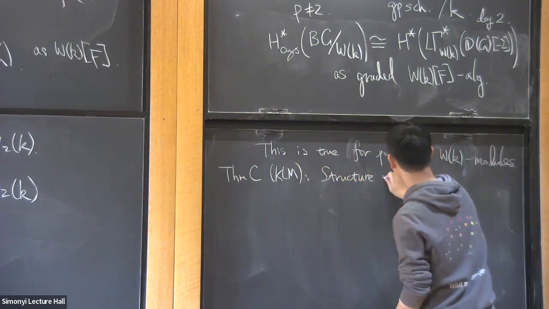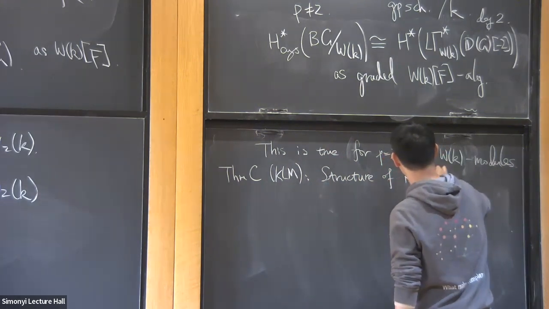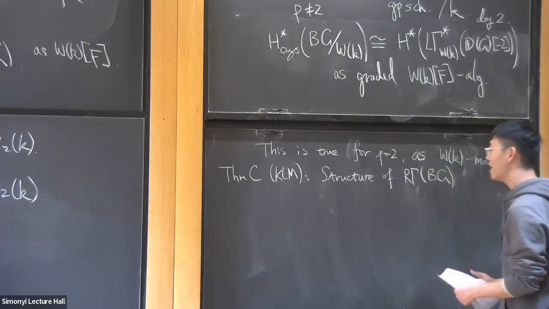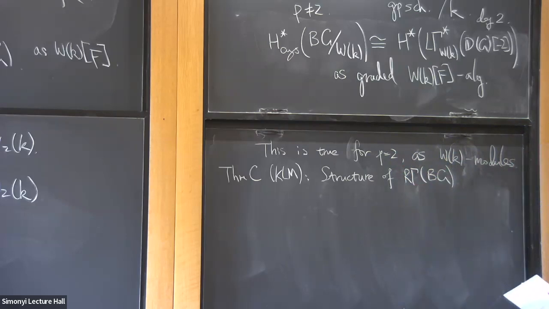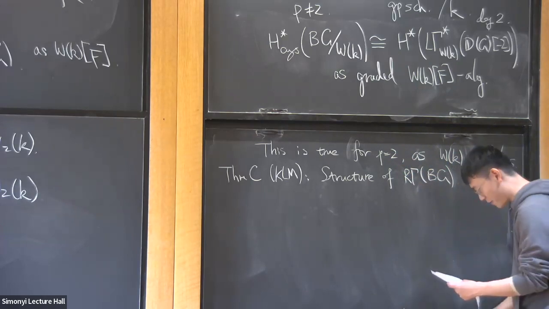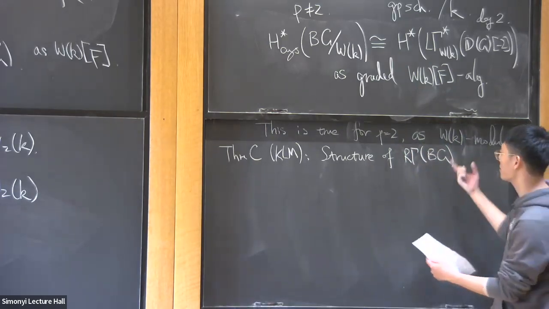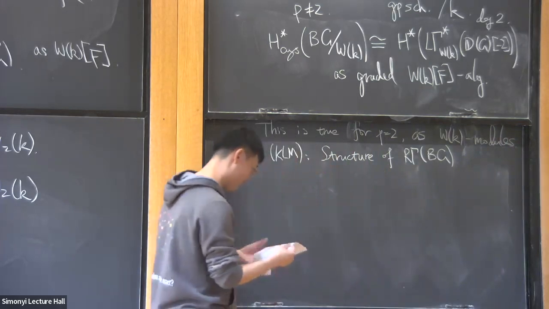So the structure of R gamma BG, which again I deliberately didn't specify the cohomology theory, turns out to be a very general statement or a very general phenomenon.